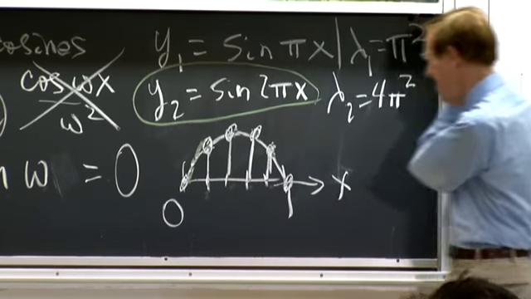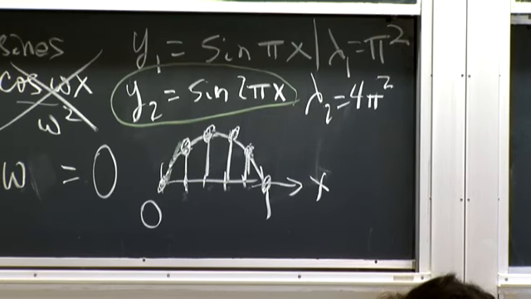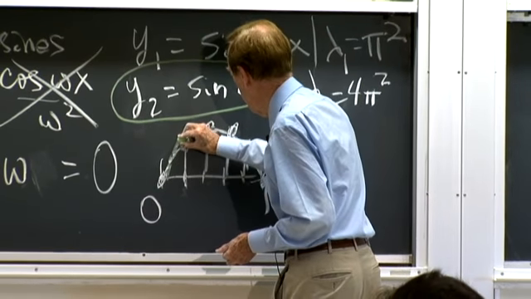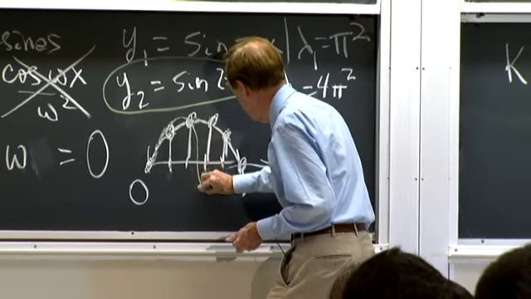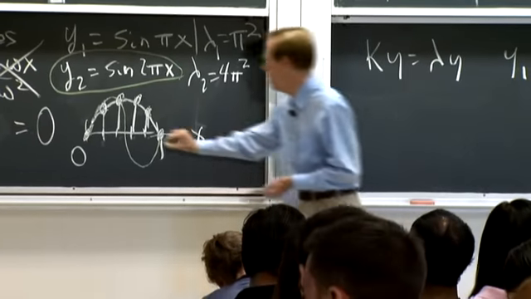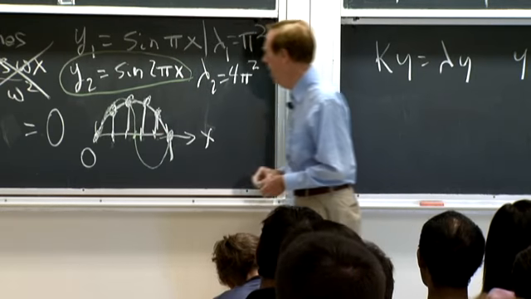Oh no. Damn. I would have been better with 3 points in the middle, but it's correct. It comes down here, right? That's sine 2 pi x. That's halfway along.